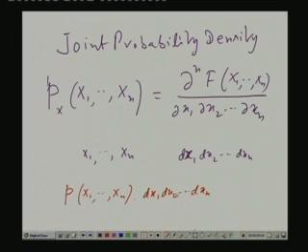This actually follows from this formula, that this is nothing but the partial derivative of the distribution function. So, if you multiply this probability density with dx1, dx2 up to dxn, that gives nothing but the probability of the variables x1 to xn lying within the hypercube located at capital X1 to capital Xn of sides dx1, dx2 up to dxn.